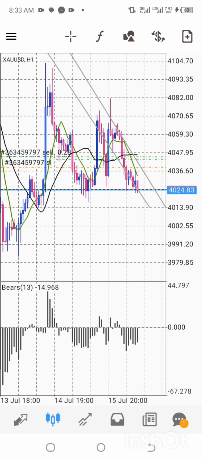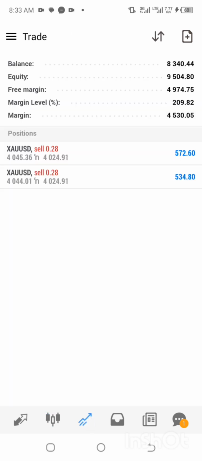So we'll go back here. If you look at it, you see that my lot size for both trades is 0.28. I want to take 50% of my profit, so I want it to be 0.14. Each of them 0.14 lot size.